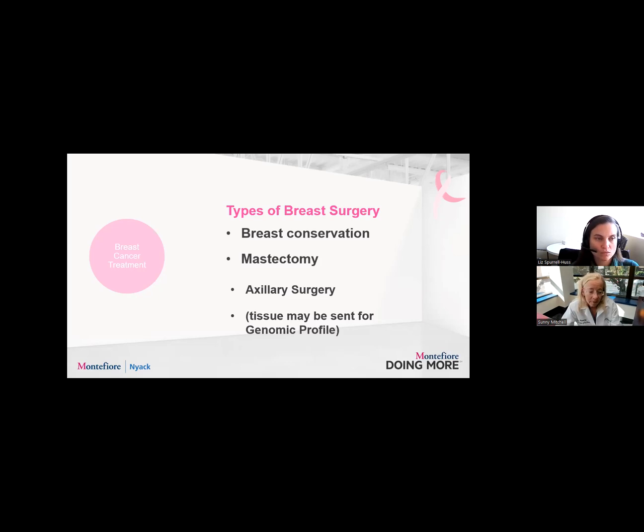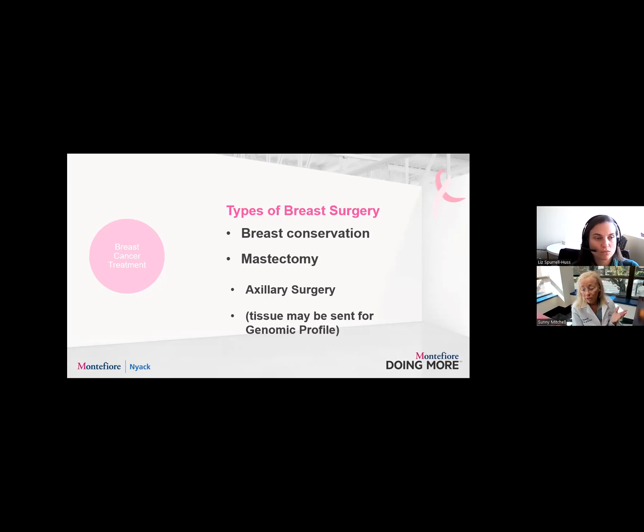We now have a tremendous amount of data that has come out in the past few years, showing that breast conservation or lumpectomy is actually superior to mastectomy in early stage breast cancer. So this is a big deal.